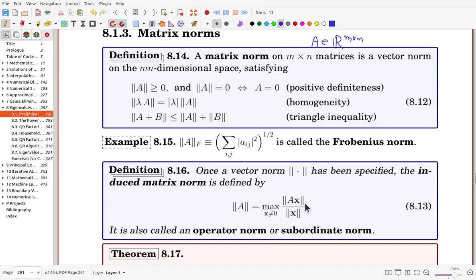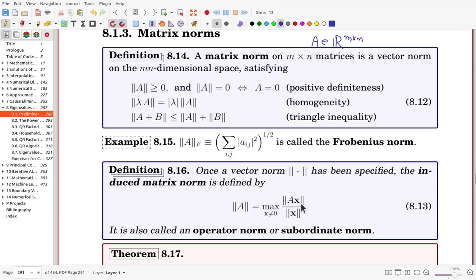We consider first a vector norm. Once Ax is obtained, then it is a vector. A is a matrix, and when a vector x is multiplied, that gives a vector. So we can measure it by using a vector norm.